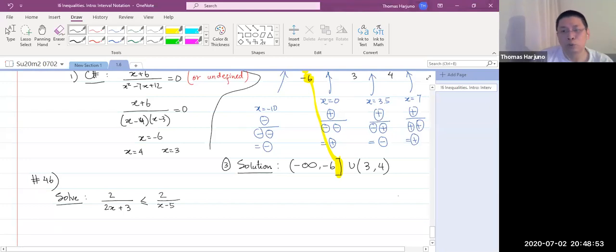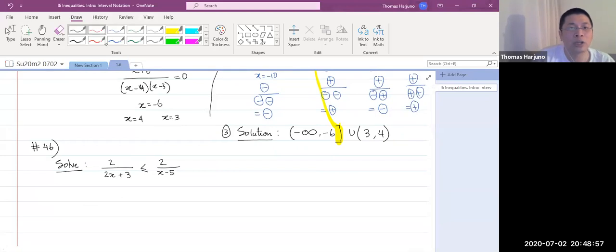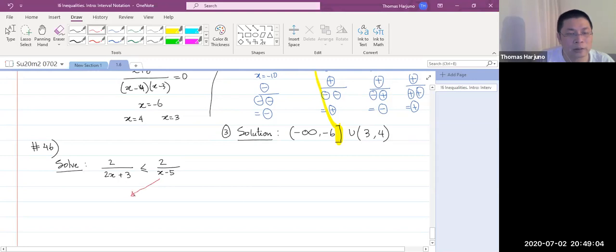What we need to do is set one side equal to 0. So I will move this 2 over x minus 5 to the left-hand side, to make it less than or equal to 0: 2 over 2x plus 3 minus 2 over x minus 5. That's how you do it.